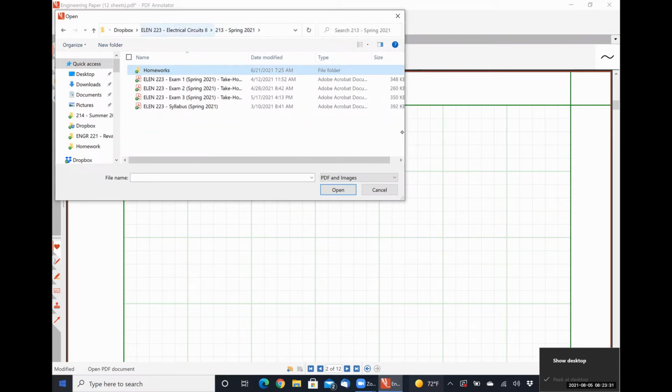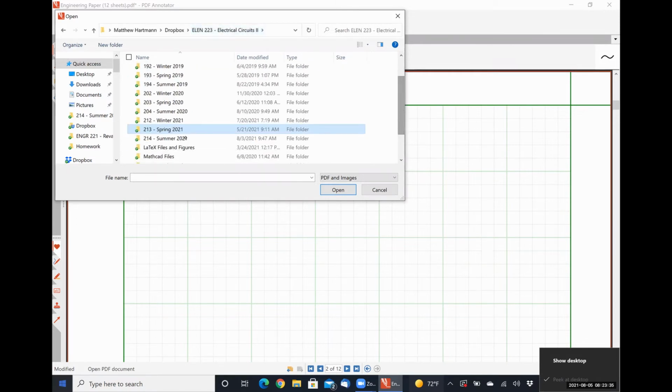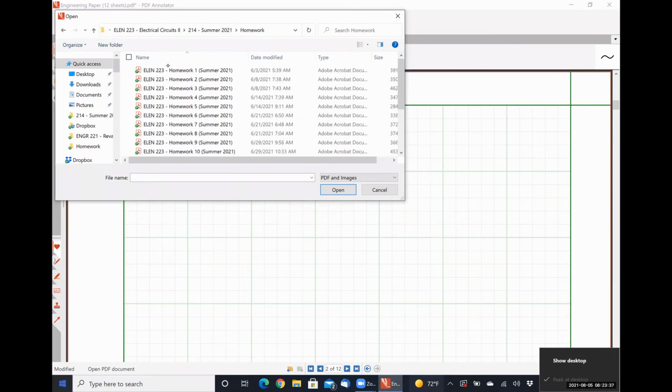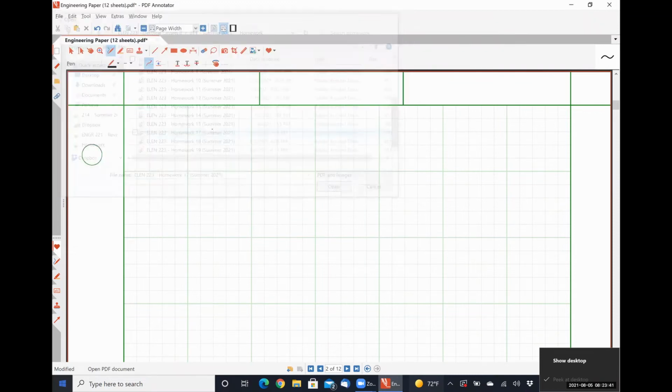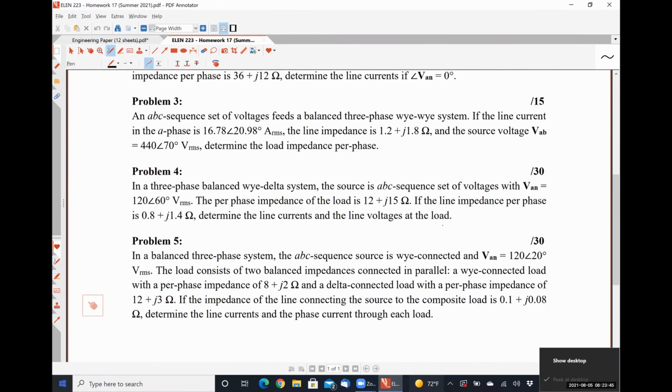That's why those aren't showing up right. There we go. So homework 17, problem 5. I think that's actually the exact example problem that I worked in class, so let's not do that one because that's pointless.